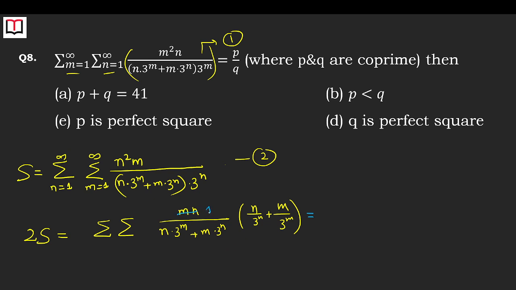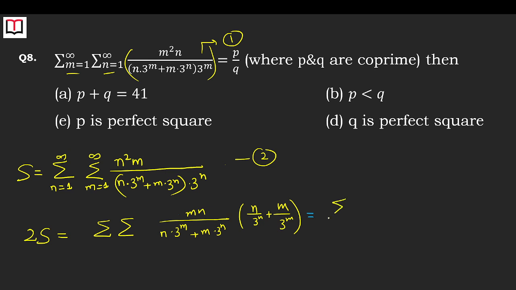If I take this in that denominator, so this is this, this is this. Fine. Rather, I would have taken the LCM there. That would have been it. So it's n times 3 raised power m plus m times 3 raised power n.